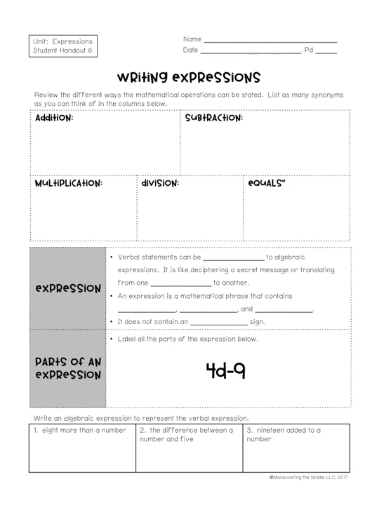Okay, so writing expressions. When we're talking about writing expressions, there are a lot of different words that you can use for each operation. So we're going to go through those.